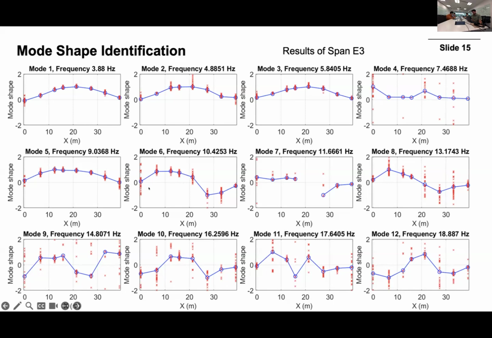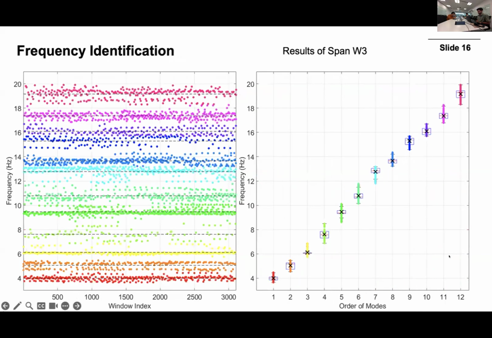But anyway, the identification results look nice because we know for simply supported bridges, their first mode shape should look like a half sinusoid wave, their higher mode shape should look like a full sinusoid wave, and their even higher mode shape should look like 1.5 sinusoid waves, and these are all reflected in our identification results. And those observations also apply to the other bridge spans.